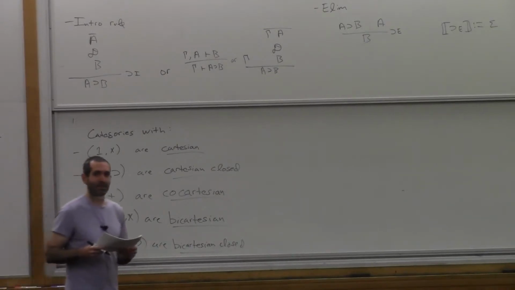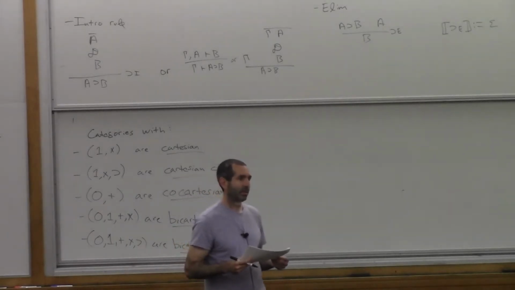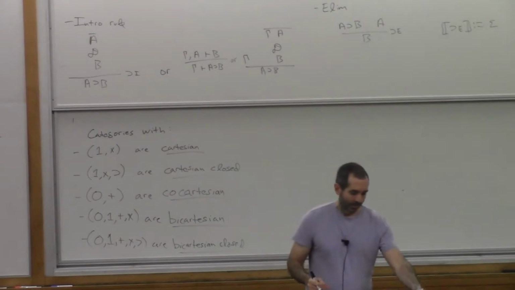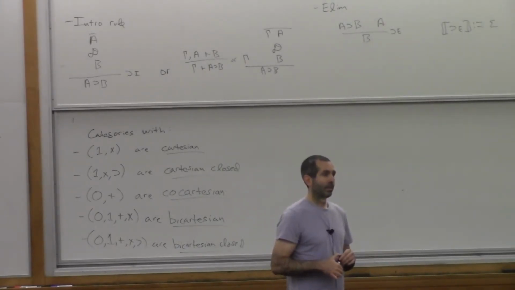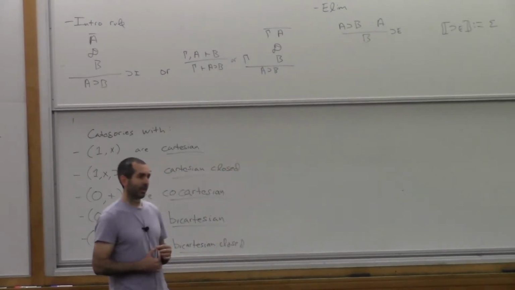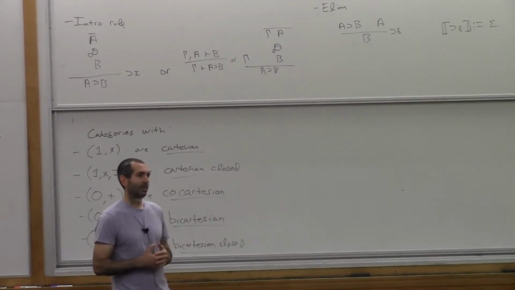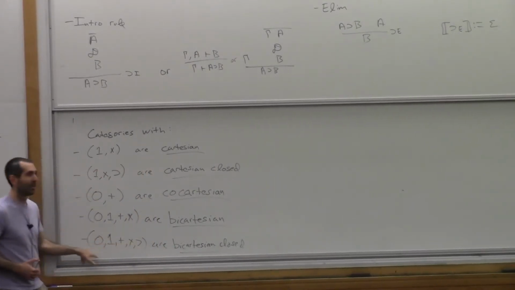Does anyone want to ask any questions before we start talking about derivation conversion? Yes? So to do the interpretation that we've been doing, we require a bi-Cartesian closed category. Yes, so that's a good observation. If we want to interpret intuitionistic propositional logic, we need at least a bi-Cartesian closed category, right, to interpret all of the connectives that we want.